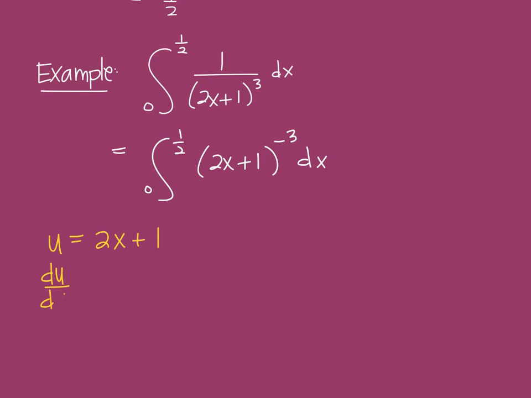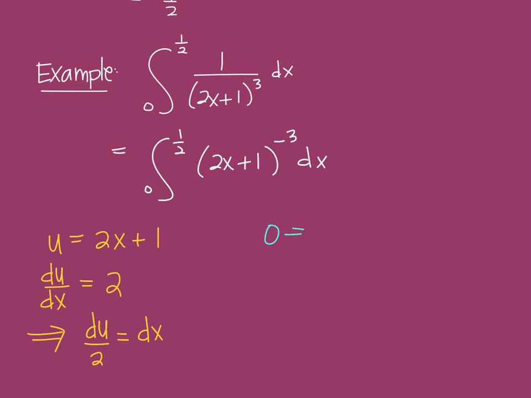My derivative on that is the constant 2, which converts into du over 2 being equal to dx. I also want to take my two bounds and plug them into what I chose for u.